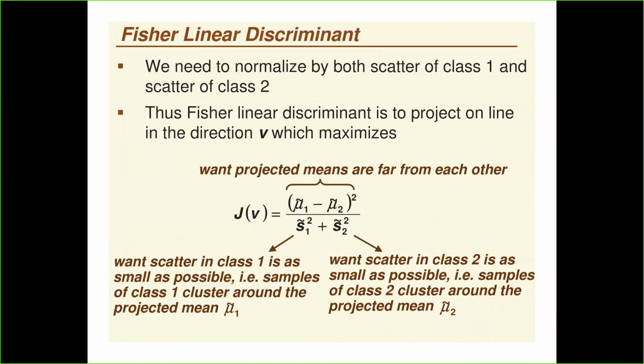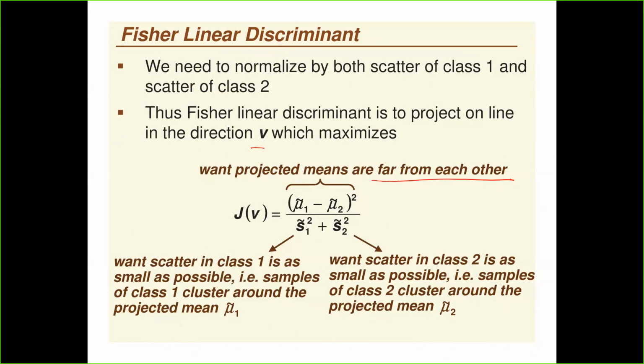It means we want to project the data points, or our goal is to learn the direction V that maximizes the difference between the projected means and minimizes the scatter within each class. It means we want the projected means to be far from each other, and we also want the scatter within class 1 and the scatter within class 2 to be as small as possible.